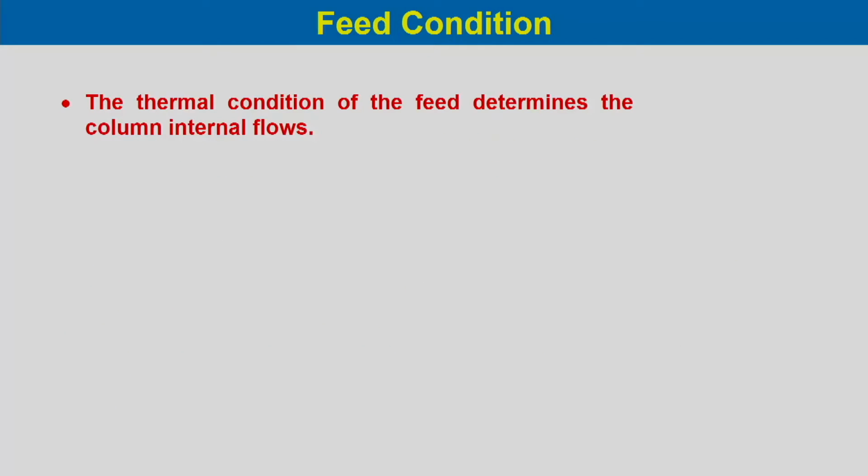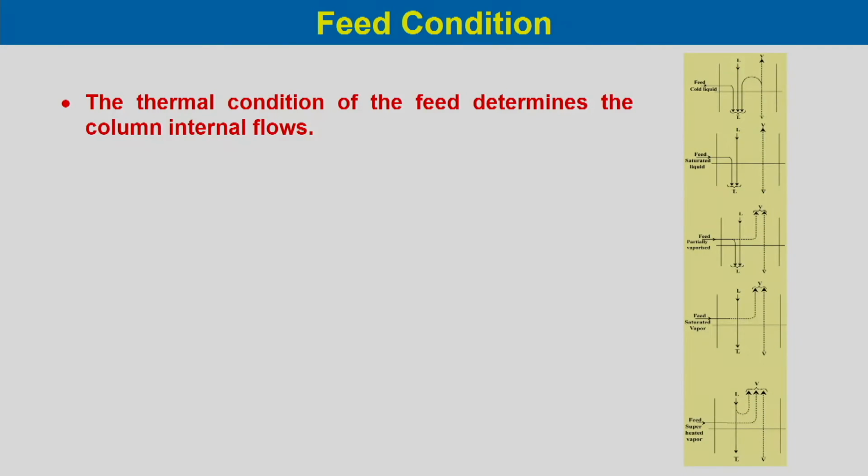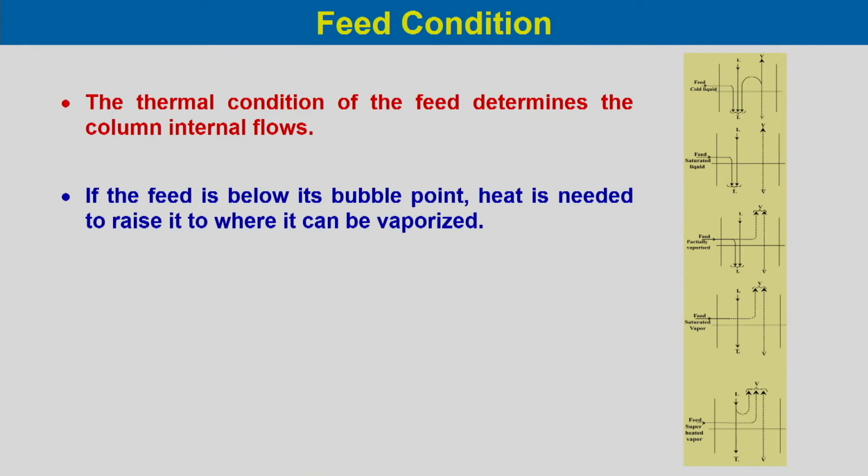So, this is called a side stream reboiler. Now, the thermal condition of the feed determines the column internal flows. So, we will look into the feed conditions and how they change the flows of vapor and liquid in the column internals. This is very important to understand. As you can see over here, if the feed is below its bubble point, that means it is a cold feed, as shown over here.